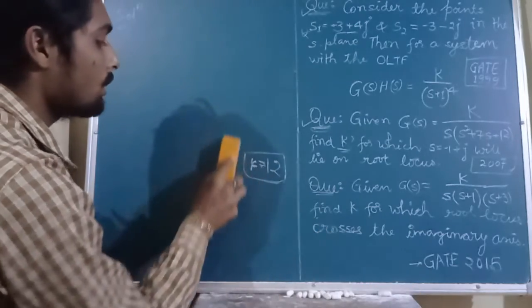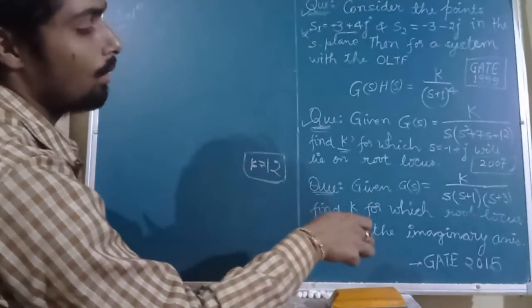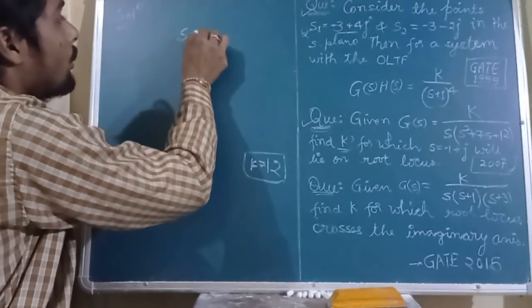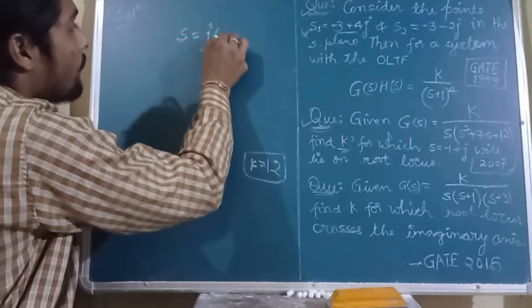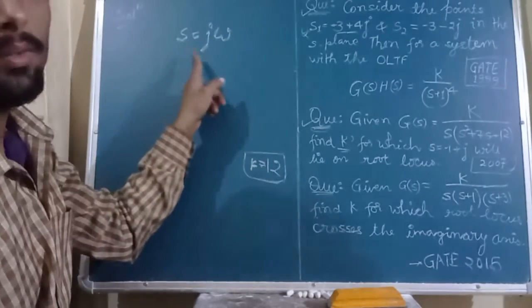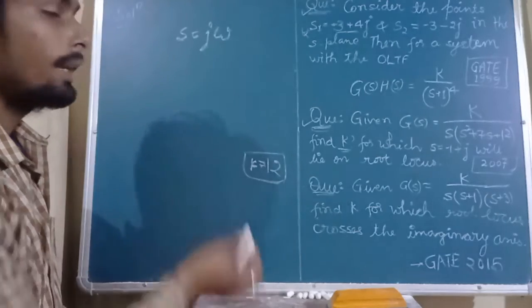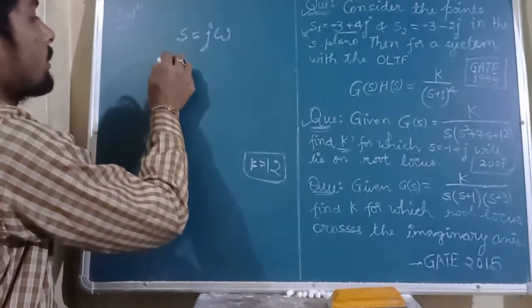Now let me solve using the methods which I already told you. First thing, let us assume that the root locus is crossing at omega. We will get the point s equal to j omega, since the real value must be 0 on the imaginary axis. All right, put this value in the unity equation.